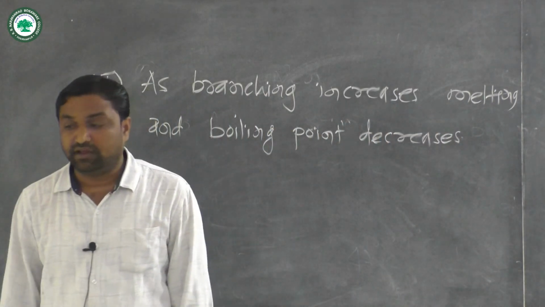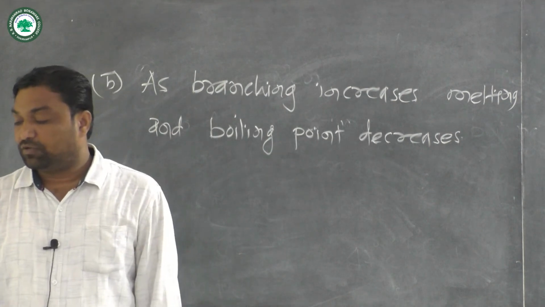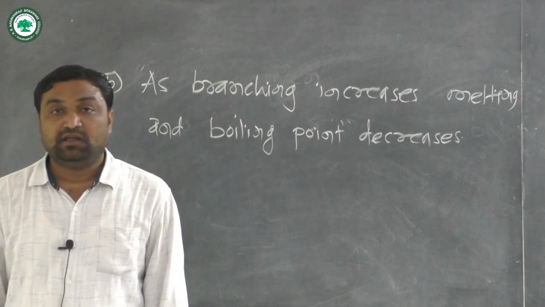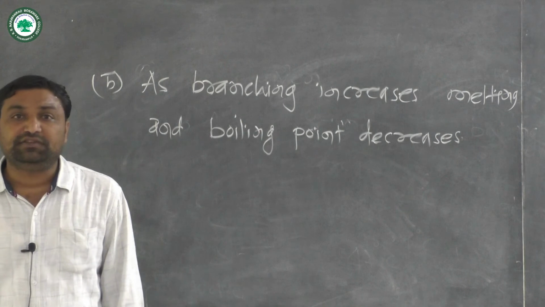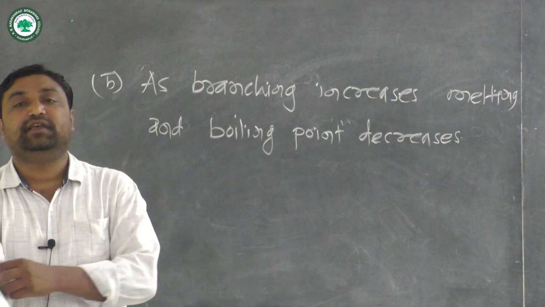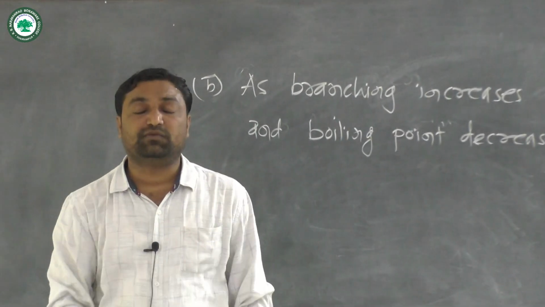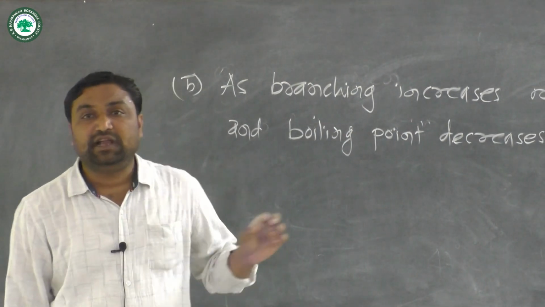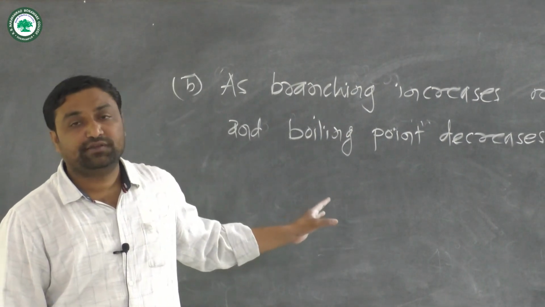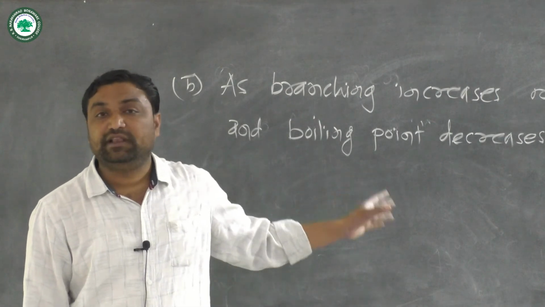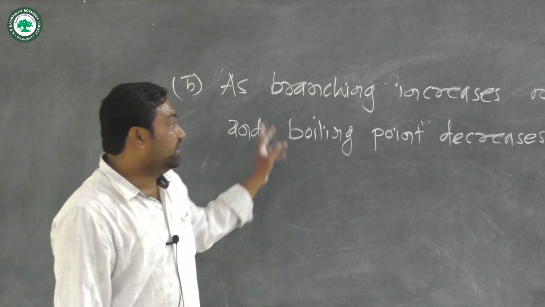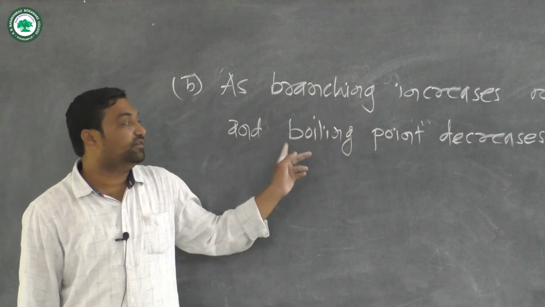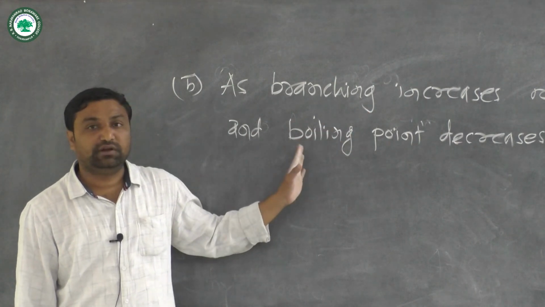Due to branching, the molecule becomes spherical in nature. Due to its spherical nature, its surface area decreases. Due to the decrease in surface area, the intermolecular forces present in that molecule also decrease. So, as branching increases, its boiling point decreases.